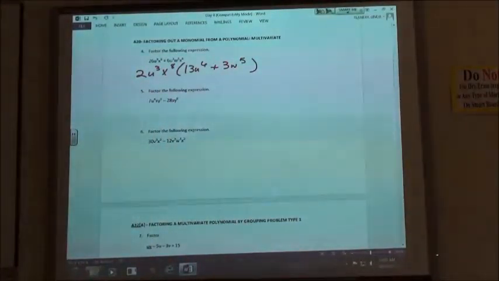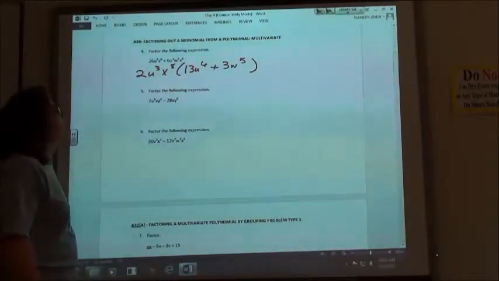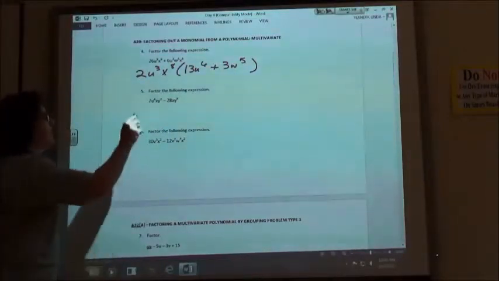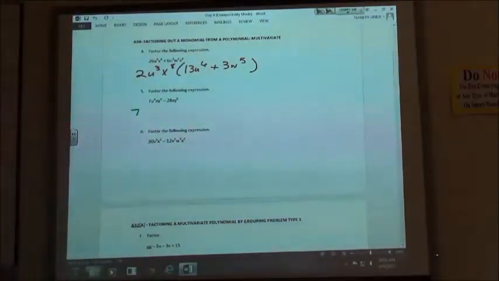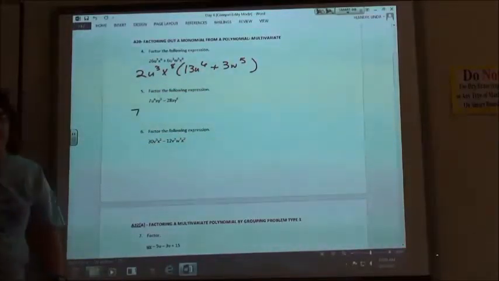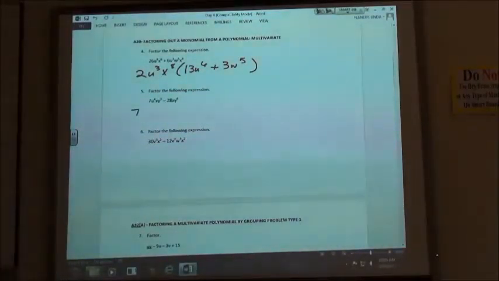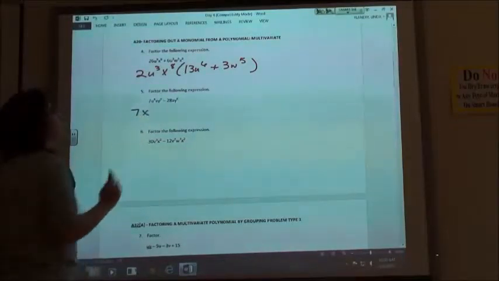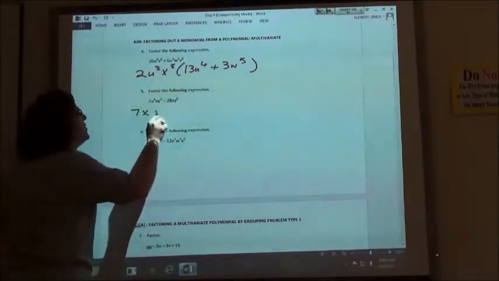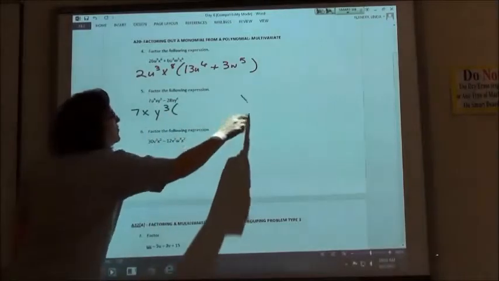Number 5 there, my greatest common factor would be what? 7xy cubed.